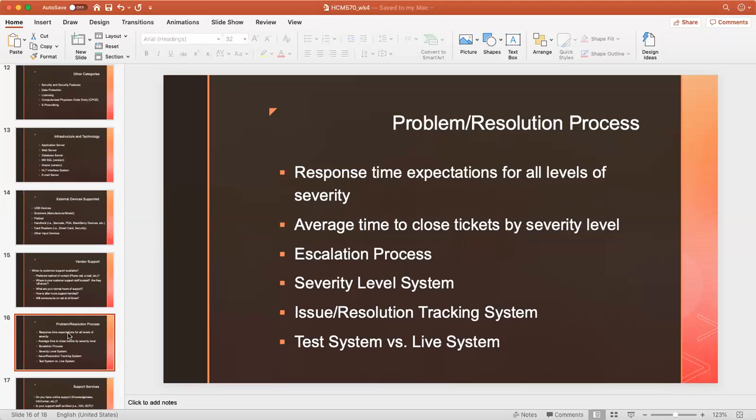So it's incredibly important that you find out what this manufacturer is going to do to provide for when you have those problems, when something goes wrong. We don't know what's going to go wrong, but I can guarantee you something is going to go wrong.